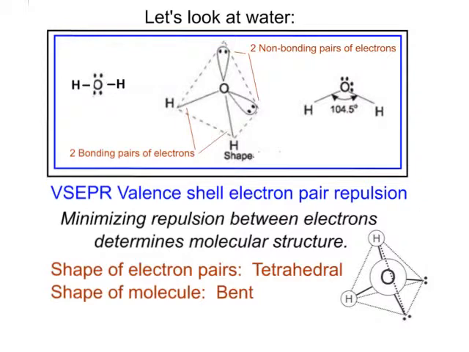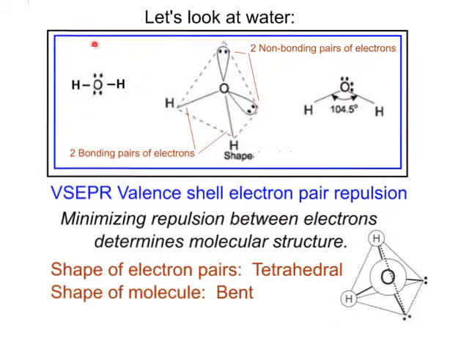It's based on the idea that electrons in a molecule repulse each other. They want to be as far apart from each other as possible. In VSEPR theory, we are going to minimize the repulsion between the electrons in order to find its molecular structure. So let's take a look at water.